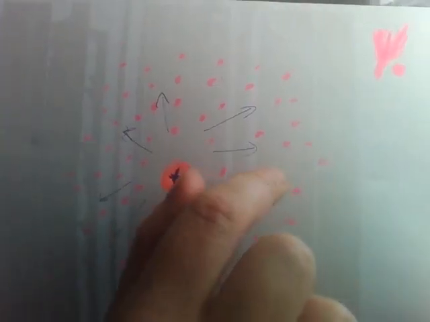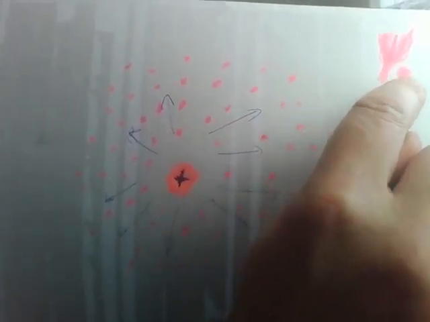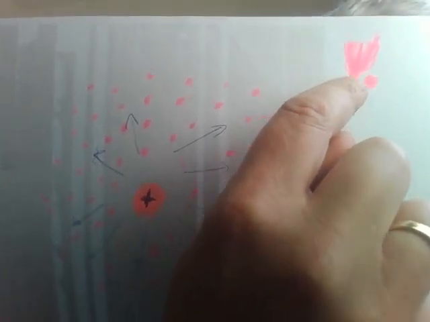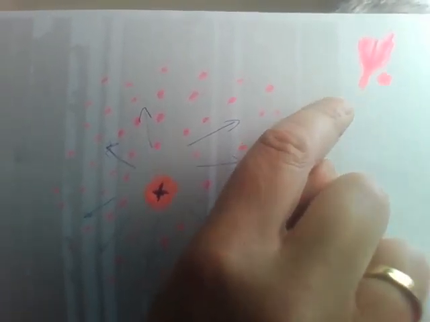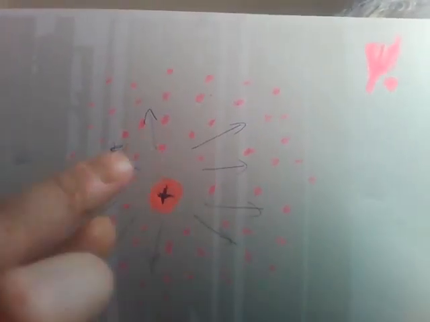I call them beads or dots, and they have a wave function, a wave function for a dot. Each positive charge is emitting in all directions these pink beads, so to say. Okay, that's the first thing.